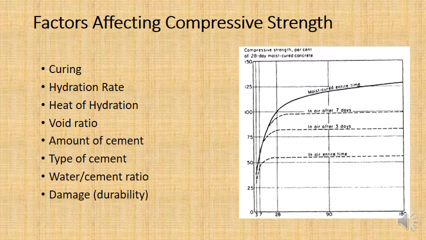Now remember what I said, cement is weaker than the aggregate. So if you have a high amount of cement that is holding the aggregate particles apart, that is where the concrete will break. So the amount of cement is very important. If you have too little cement, it will make the concrete weaker.